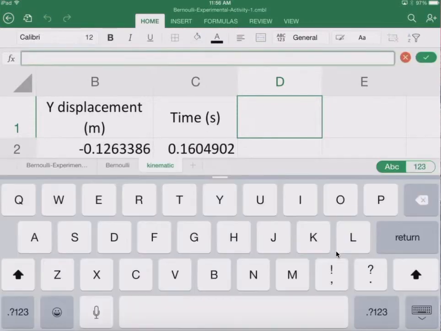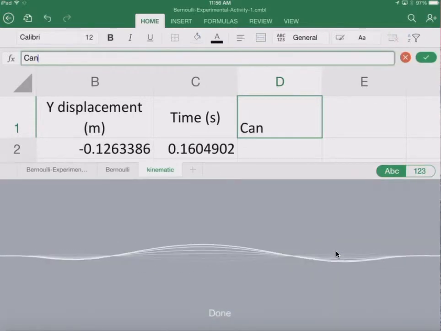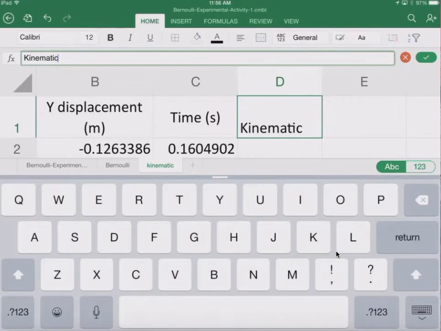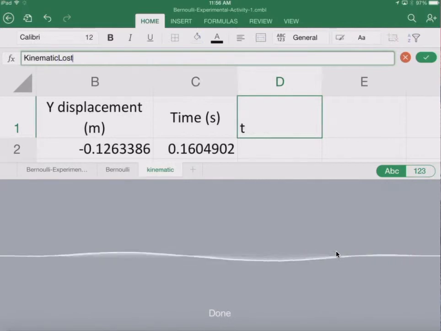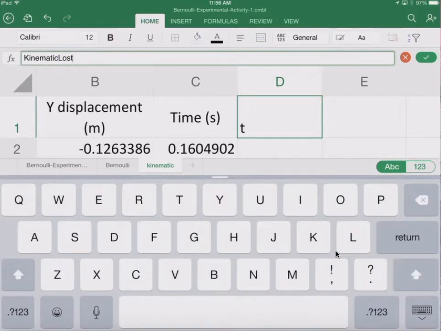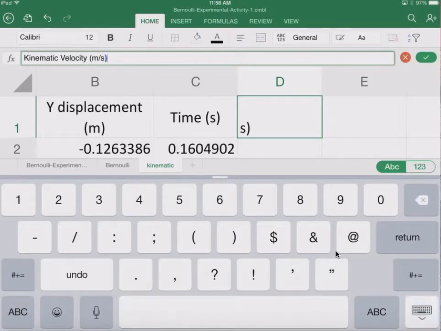After that, we are going to look at our velocity, and I'm just going to call it kinematic velocity. And this is going to be in meters per second.